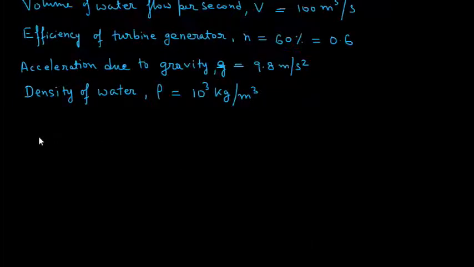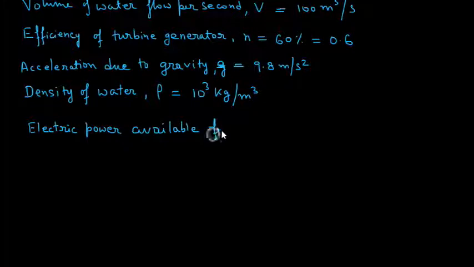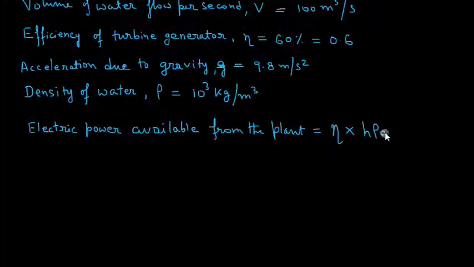Now, electric power available from the plant is equal to eta multiplied by h rho g v.